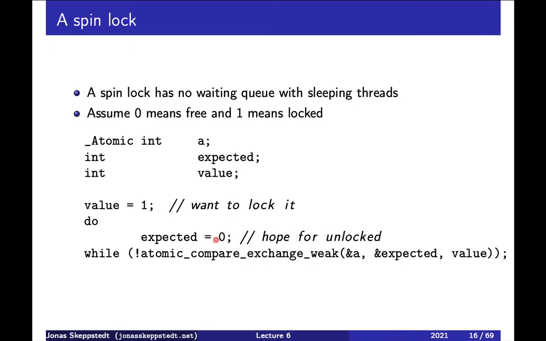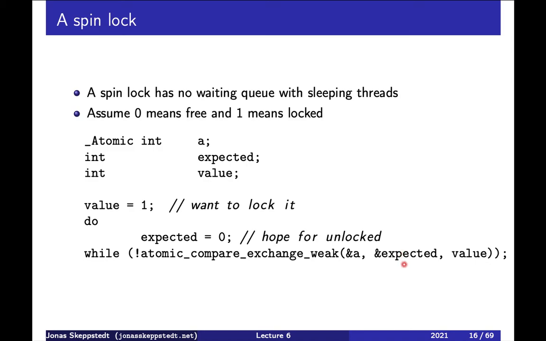And if a is unlocked, then we write 1 to it, and we will get 1 from this, so the do while loop will terminate.